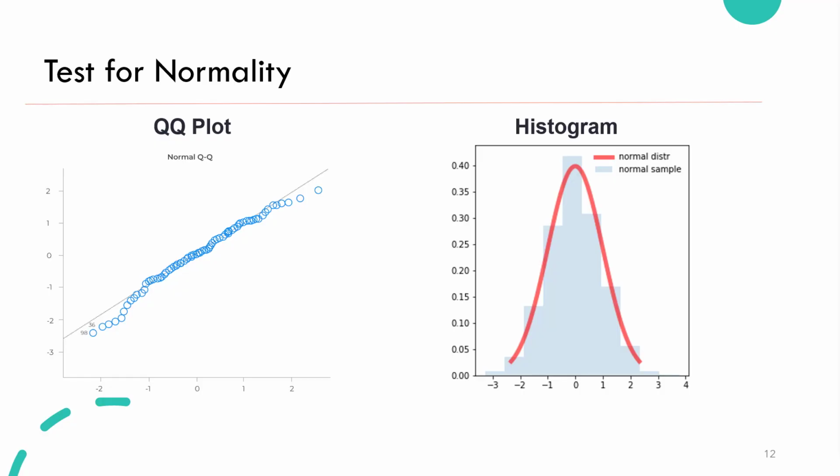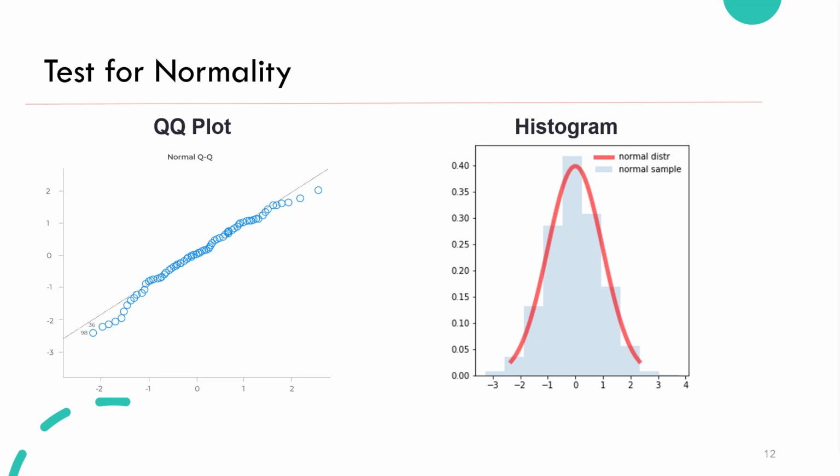One way to test the relationship between the x variable and y variable is to test for normality. If you want to see the relationship between your dependent variable and the independent variable, you can plot the variables and get the QQ plot here.